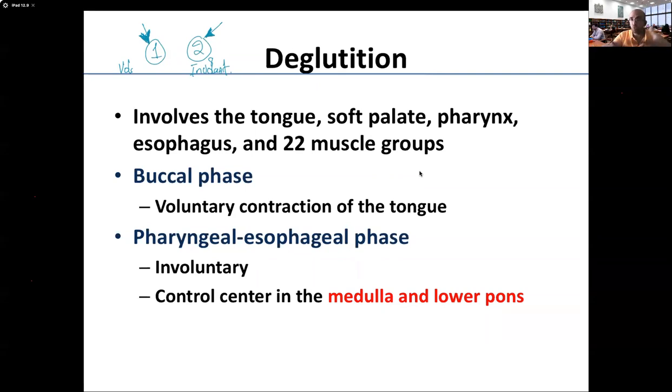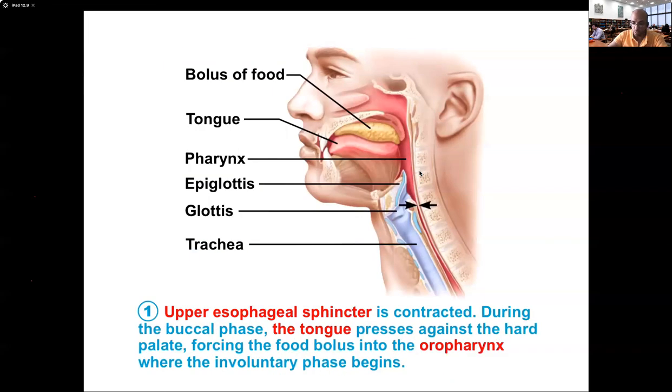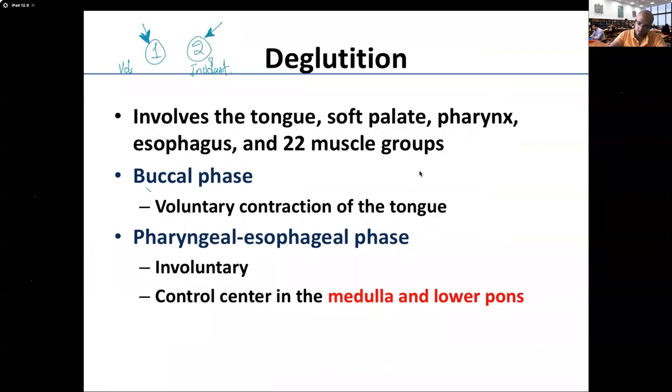So what is the very first thing that you perform? You contract your tongue. You push the food against your palate. This is a voluntary part. This is what we call the buccal phase. I contract the tongue.